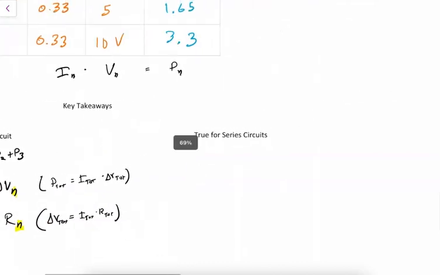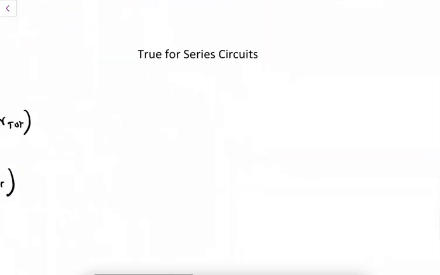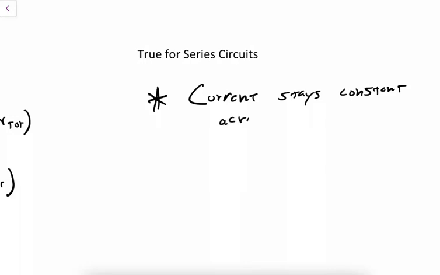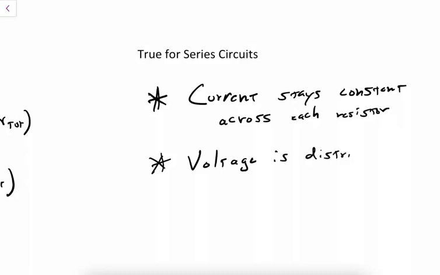Now, for a series circuit, our focus is on what happens to the current and the potential difference across each resistor, and that is where we get current stays constant across each resistor. And then voltage, or potential difference, is distributed.